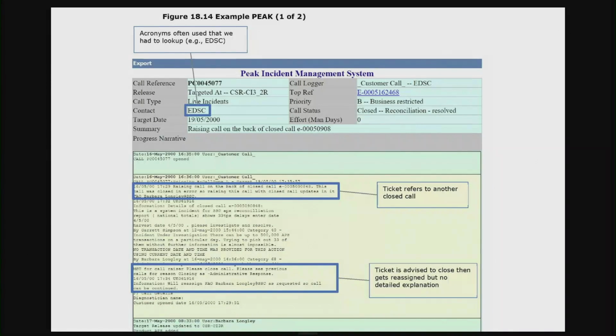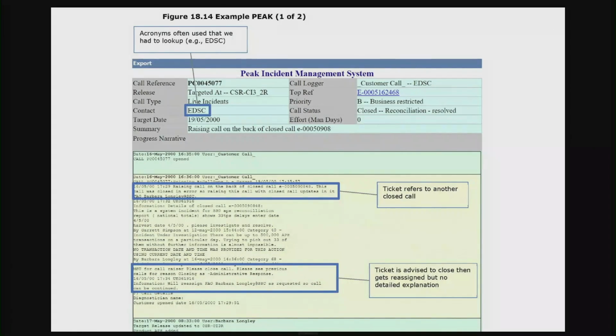The call type that has been assigned to this peak is a live incident. The group that is working this particular issue is the EDSC with a target date of resolving this of the 19th of May 2000.